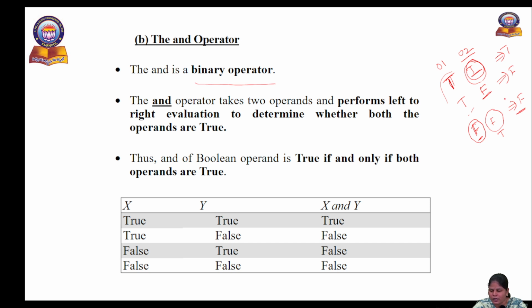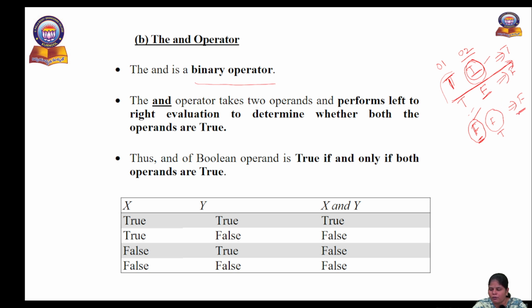So that's why the associativity of the AND operation is from left to right. Based upon the left operand, that means the first operand, the output will be determined. If it is true, we concentrate on our second operand. If it is false, we don't even look at the second operand value.